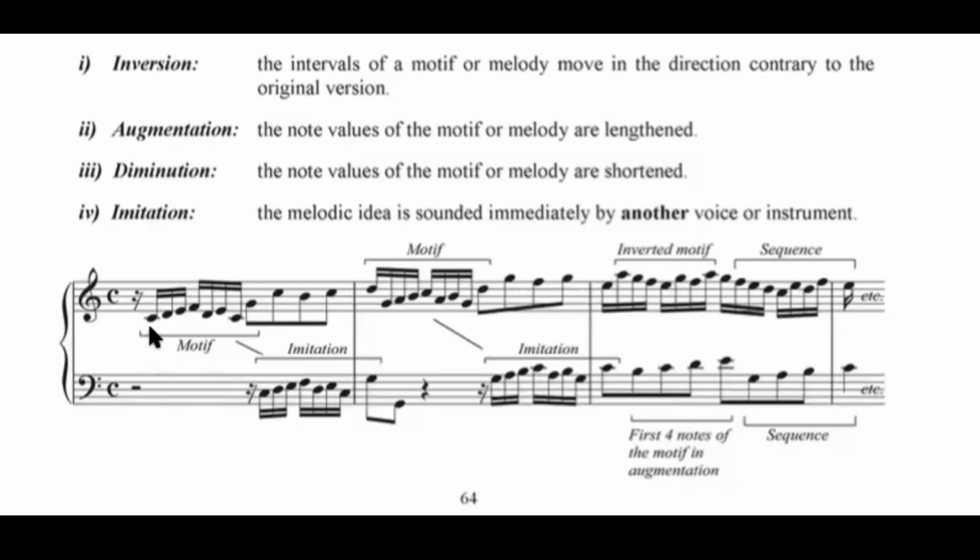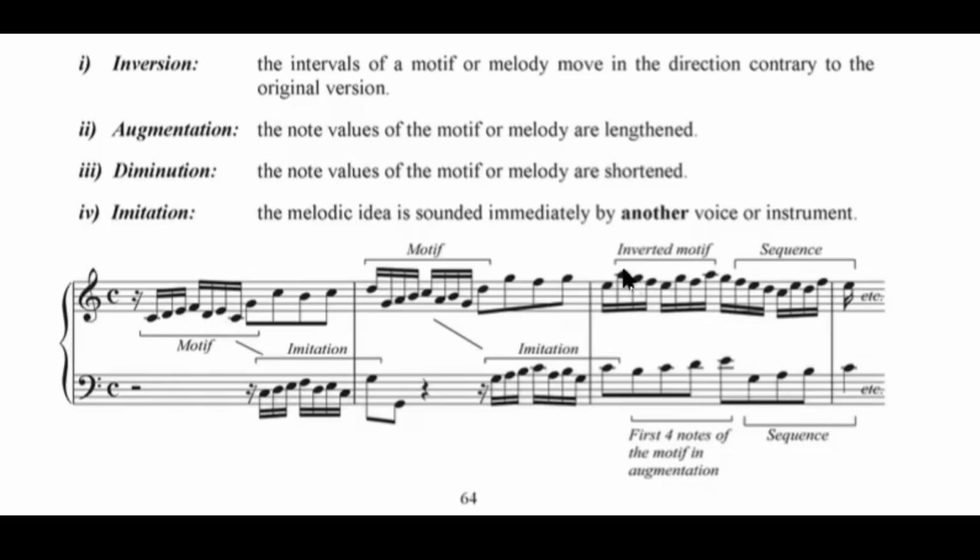Here we have an example, the motif in C major by J.S. Bach. It has an ascending figure which is being imitated an octave below. The motif is sounded a perfect fifth higher and then imitated an octave below again.